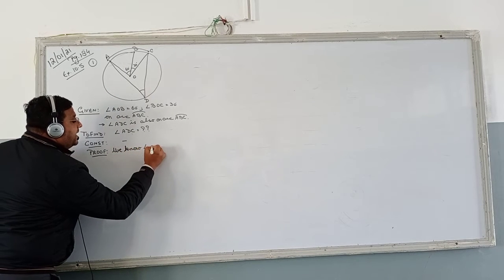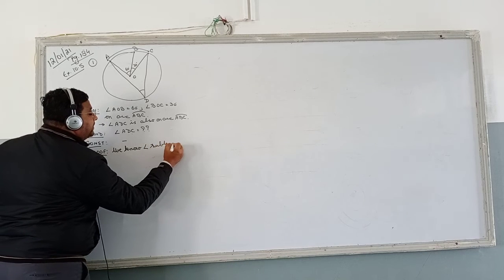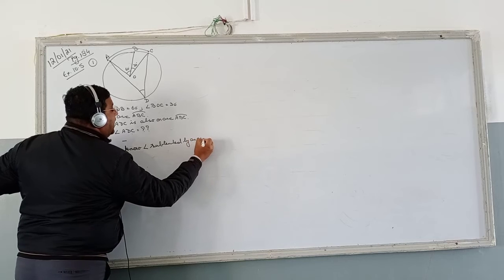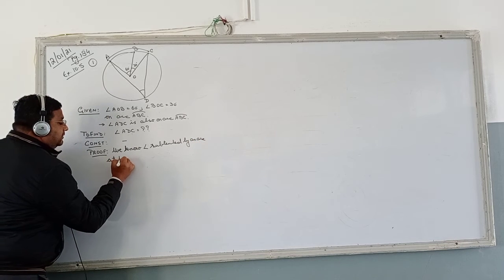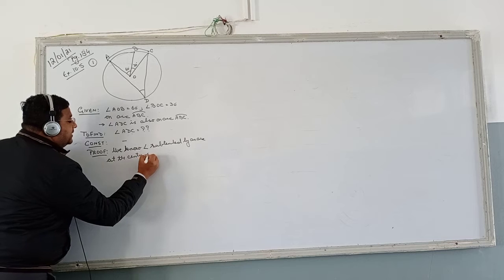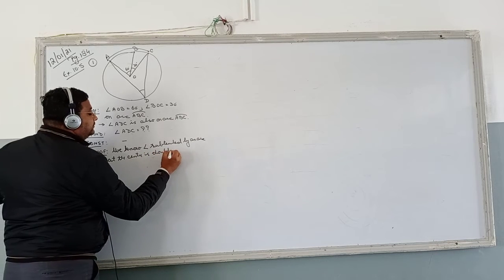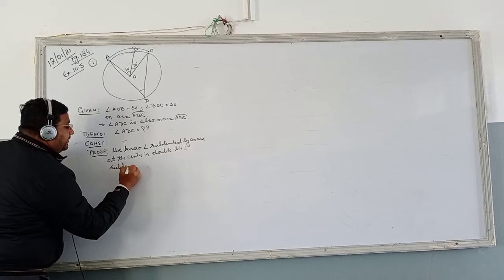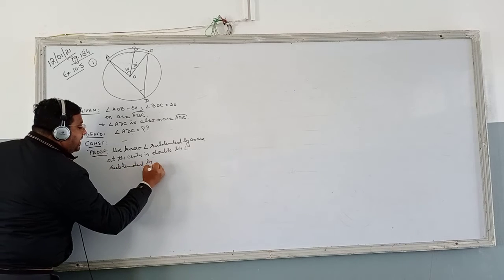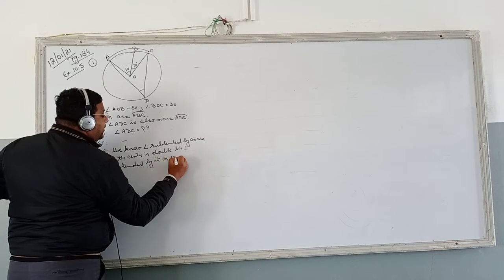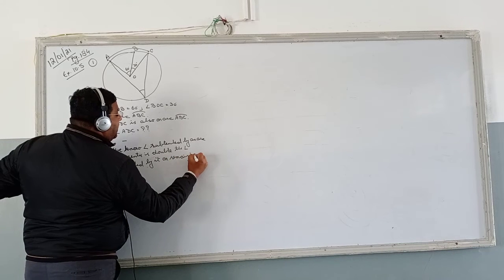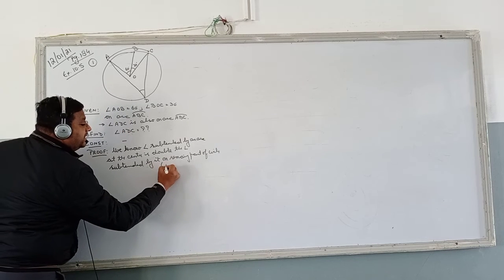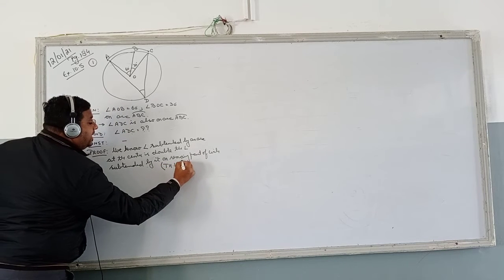We know the angle subtended by an arc at the center is double the angle subtended by it on the remaining part of the circle. That is which theorem? Theorem number 10.8.